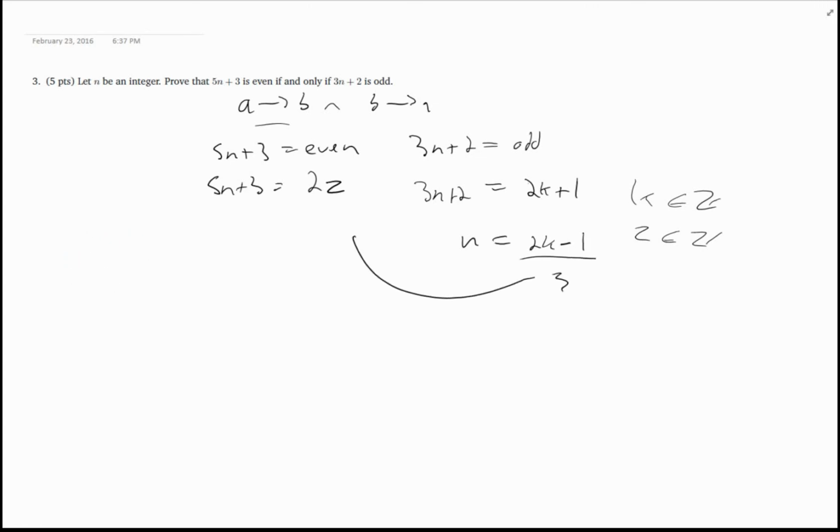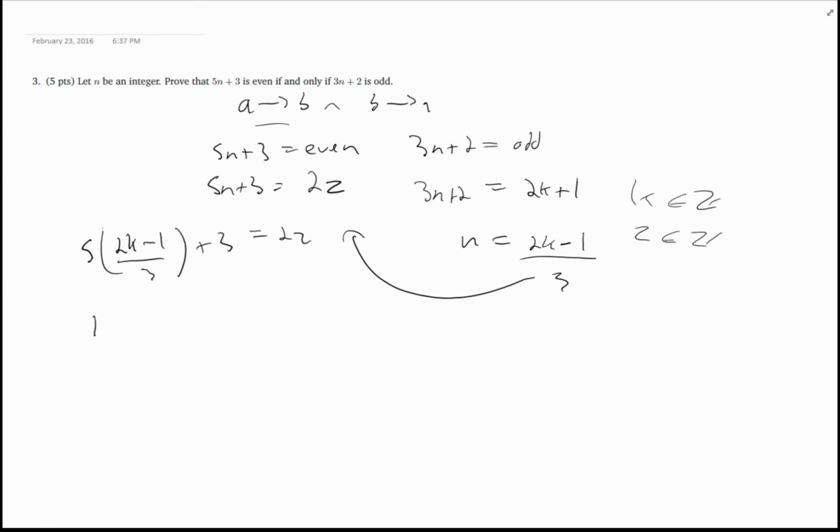We're then going to substitute this into this. So you get 5 times 2k minus 1 over 3, plus 3 is equal to 2z. We're going to get rid of this 3 down here, so we'll multiply everything by 3.